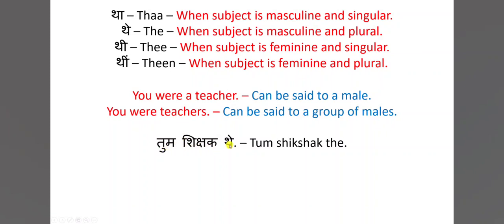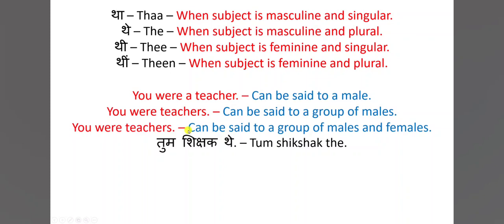Meaning the same sentence can be used in plural or singular meaning. Okay? Next, the same sentence can be said to a group of males and females, meaning mixed gender. Okay? You can say this to a group of males and females.